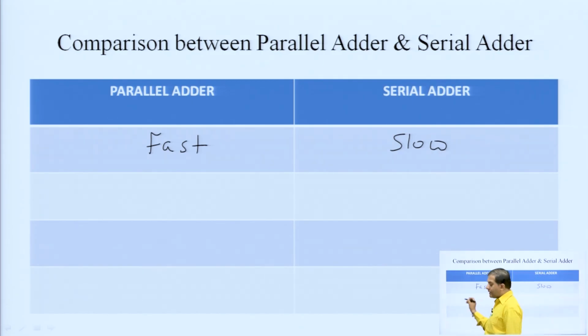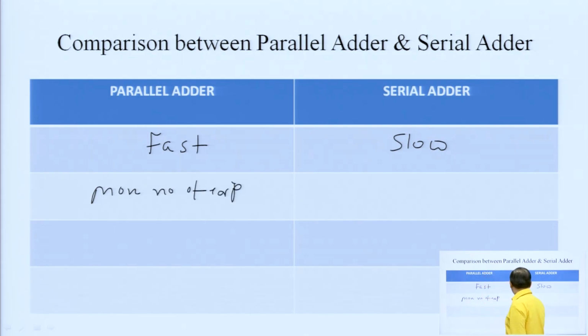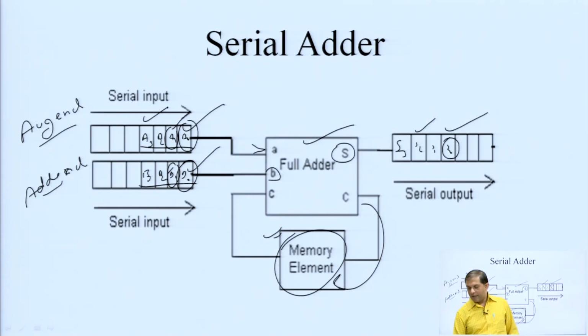More equipment is required in the parallel adder, and less equipment is needed in the serial adder, because you can see from the diagram itself, in the parallel adder we have 4 full adders, but here only one full adder is needed, right.